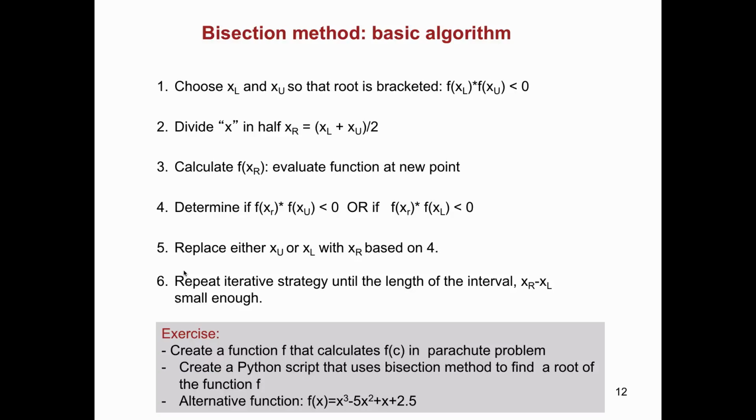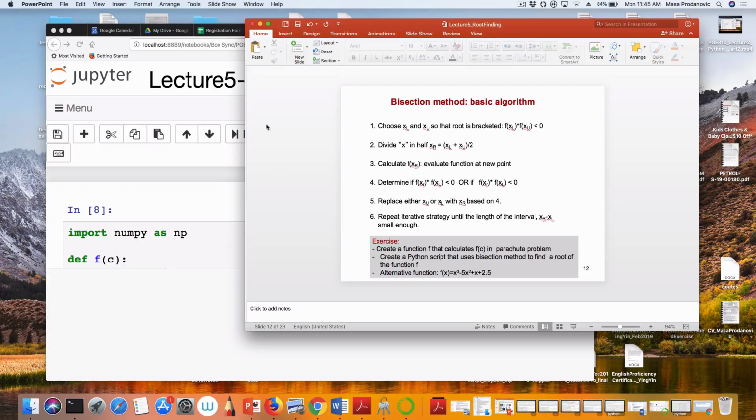So what I want you to do by Wednesday is take this alternative function here and go through the process for that function. The key here is that you just adapt the code, and you have to plot the function.